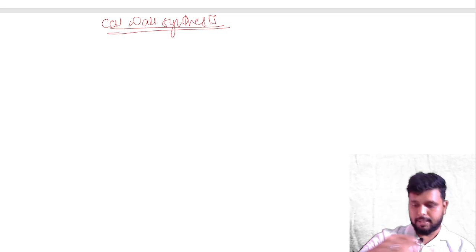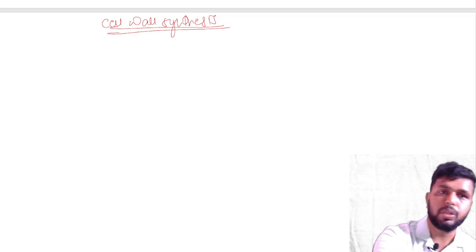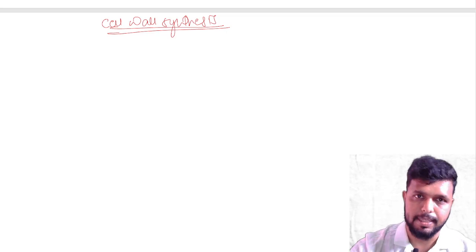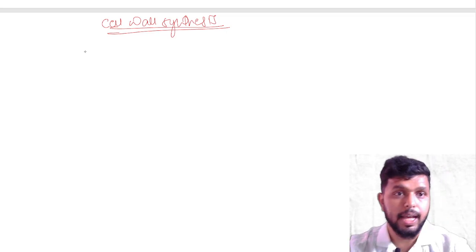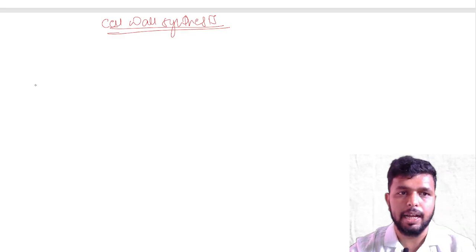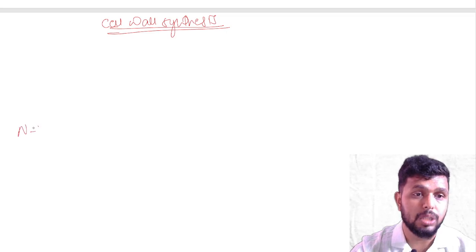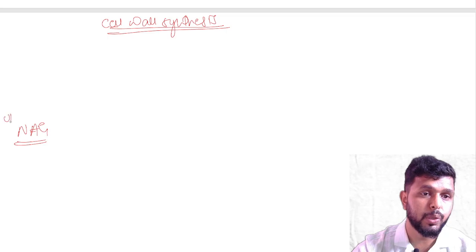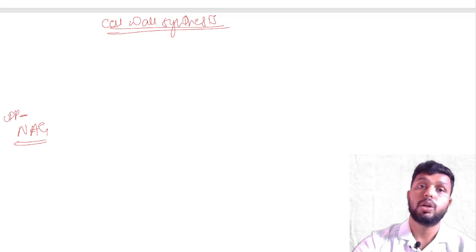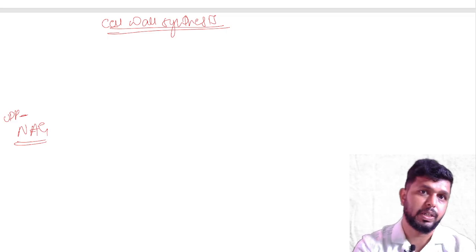Now we will see how exactly cell wall synthesis takes place in the bacteria. As you can see, bacteria first synthesize N-acetyl glucosamine, or UDP N-acetyl glucosamine. UDP means uridine diphosphate.